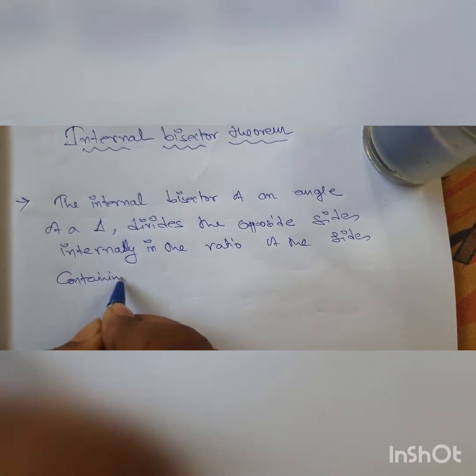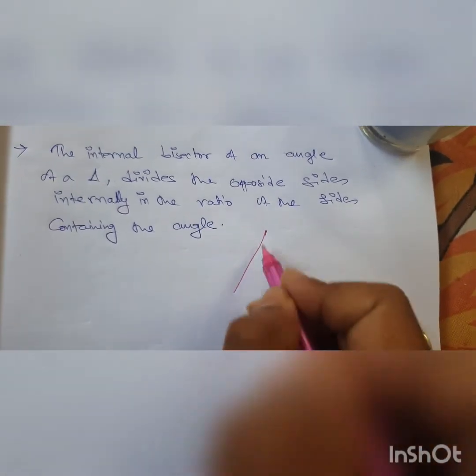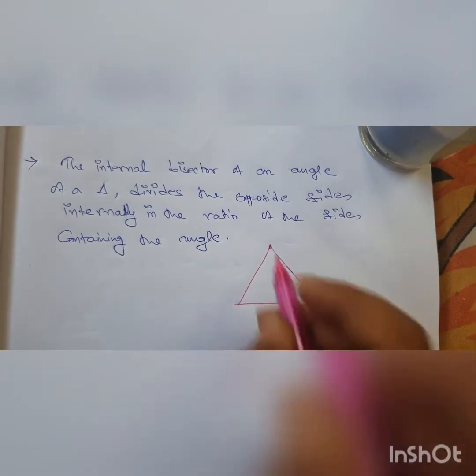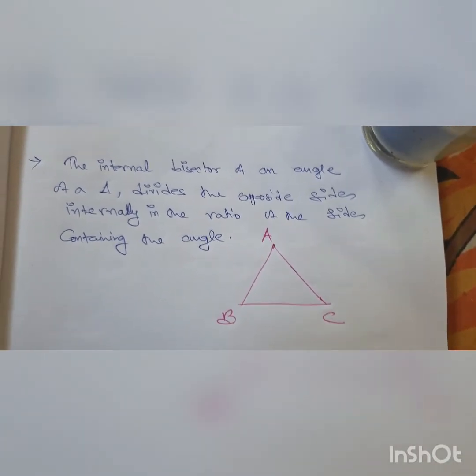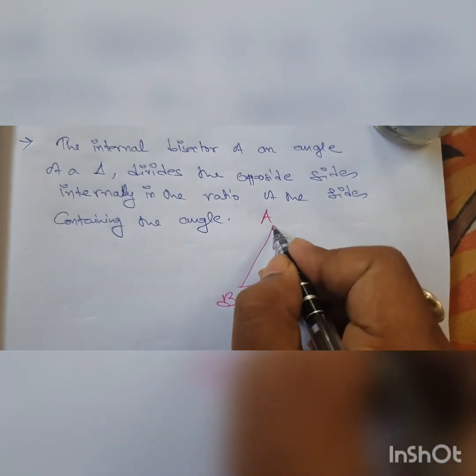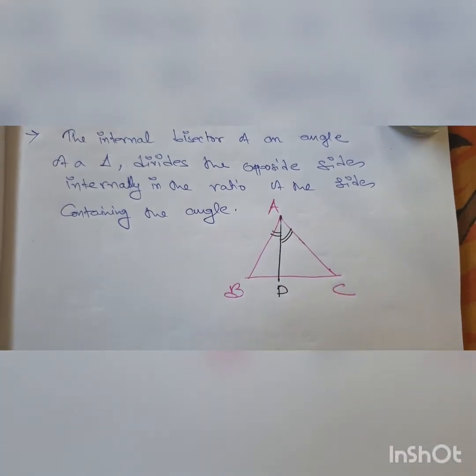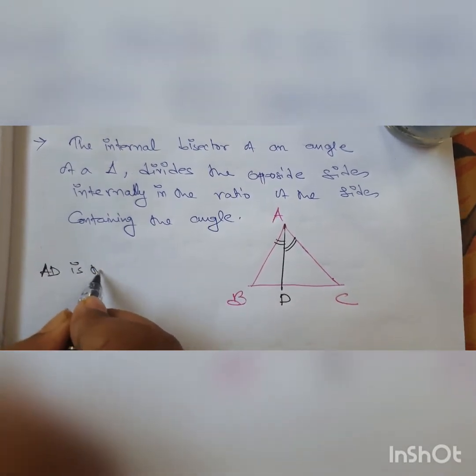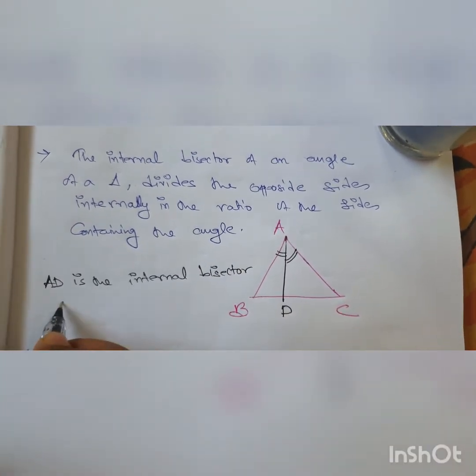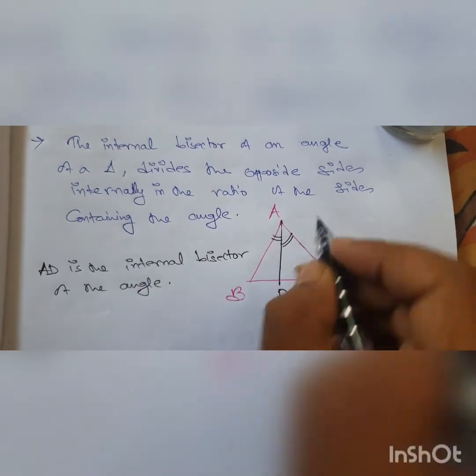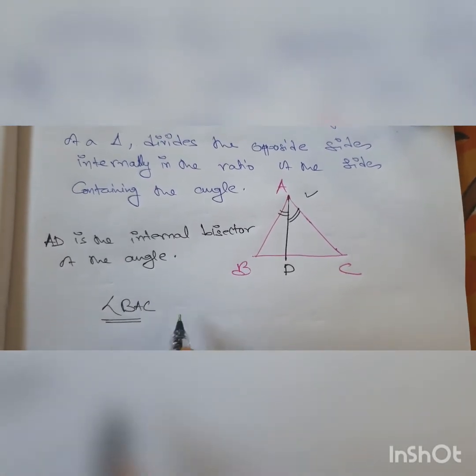containing the angle. That means if there is a triangle A, B, C, and if there is an internal bisector of this triangle, suppose AD is the internal bisector of the angle A. So that means angle BAC is bisected by AD.